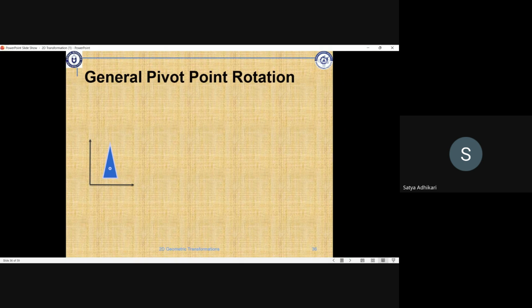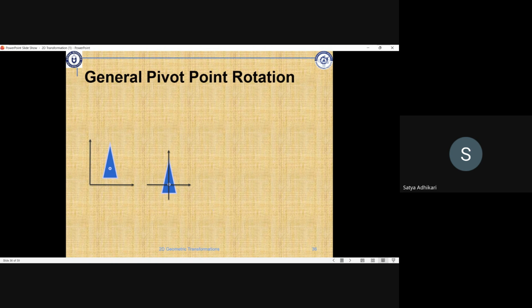This is an object, and we have to rotate it about that point, the pivot point, not the origin. Suppose in the first figure there is no origin.